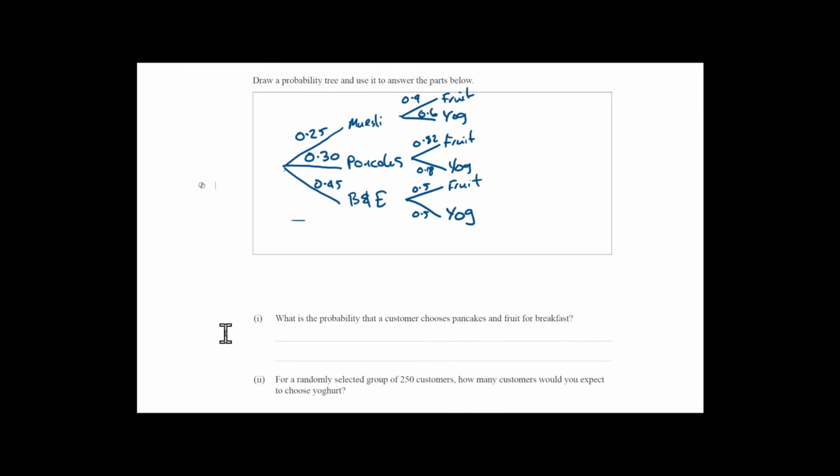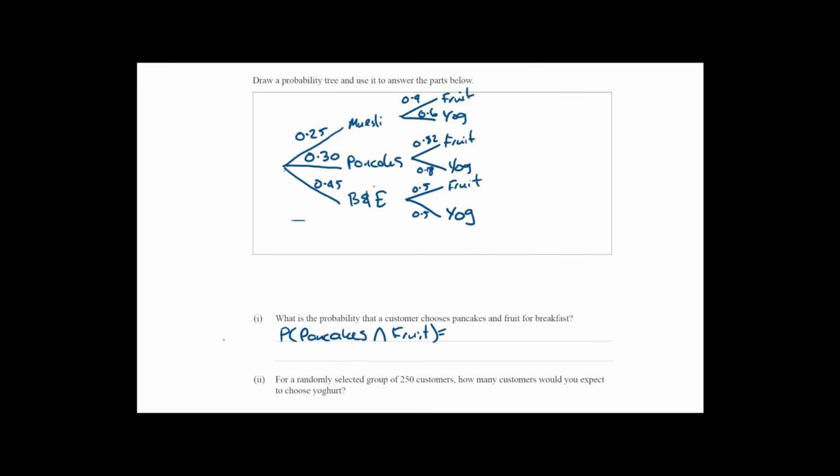What is the probability that a customer chooses pancakes and fruit in their breakfast? So the probability of pancakes and fruit. So I guess they mean a customer chosen at random.